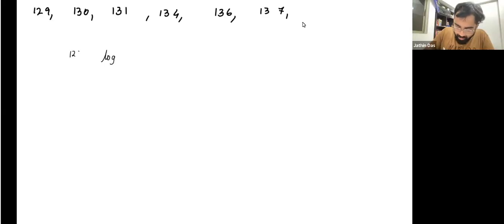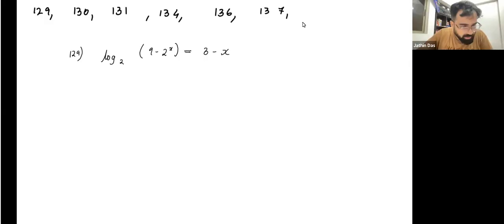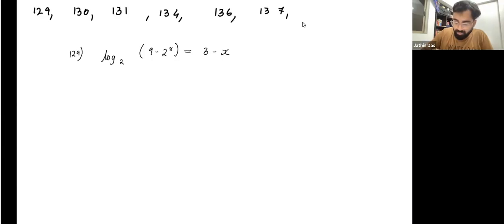129 में क्या problem है? Log 2, 9 minus 2 raised to x is equal to 3 minus x. Correct? Sir, why 2? But why did you multiply it? Why not? Because we don't know if 3 minus x is negative or positive.